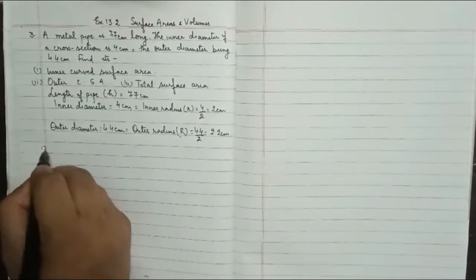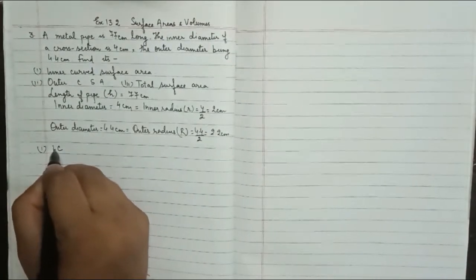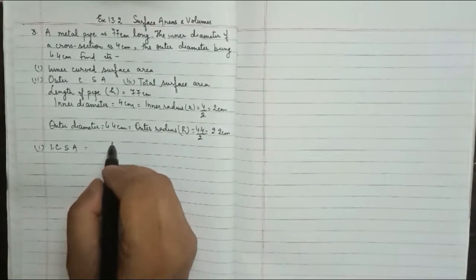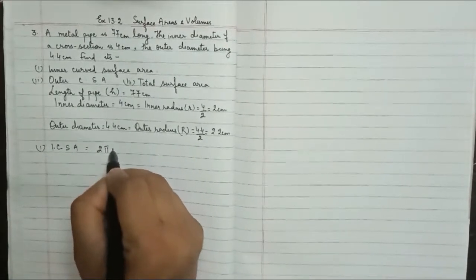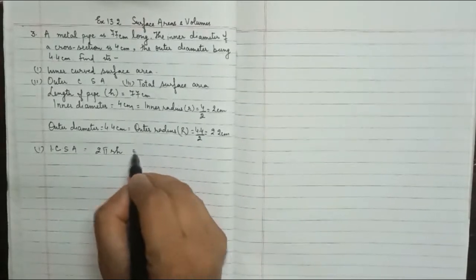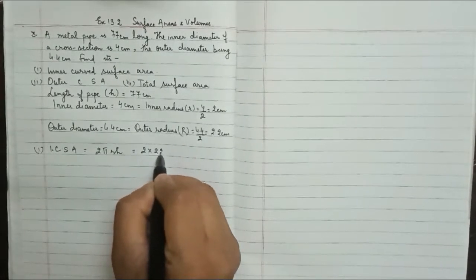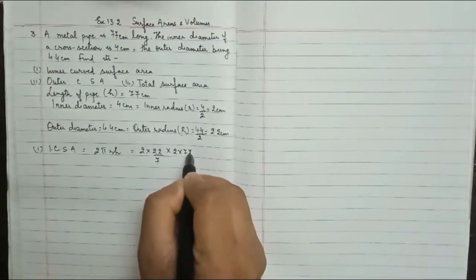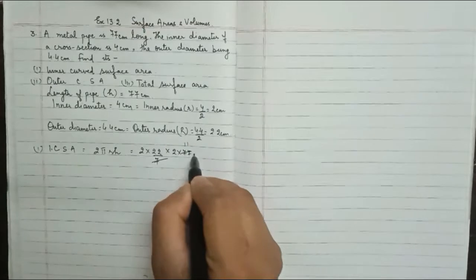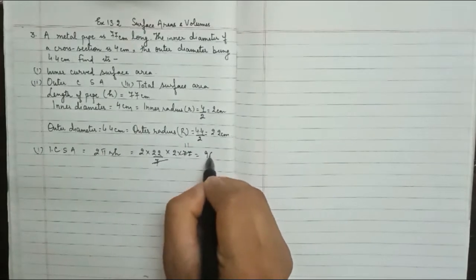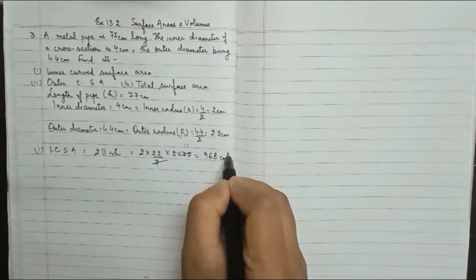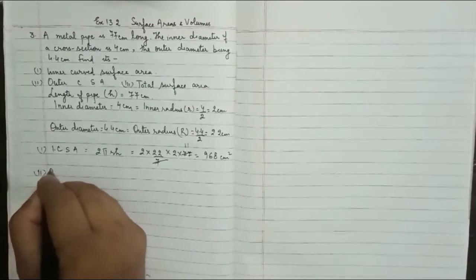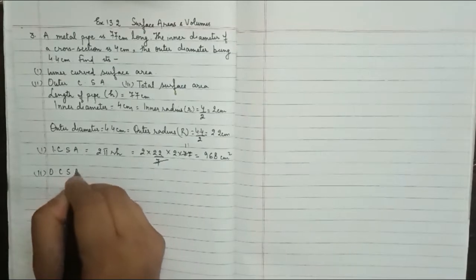Now coming to the first part, that is inner curved surface area. This will be equal to 2 pi r h, which is 2 into 22 upon 7 into 2 into 77. This will be equal to 968 centimeter square. Now second is outer curved surface area.